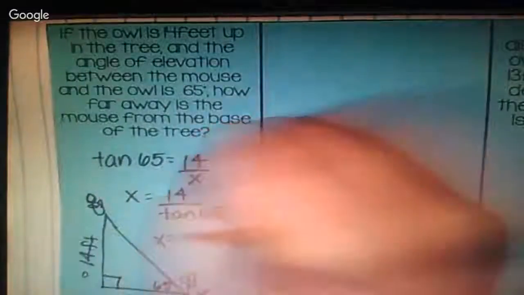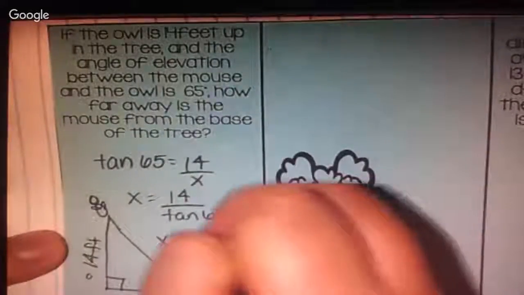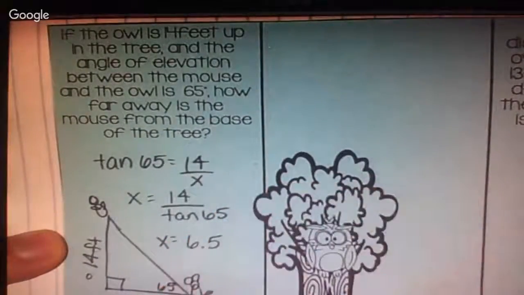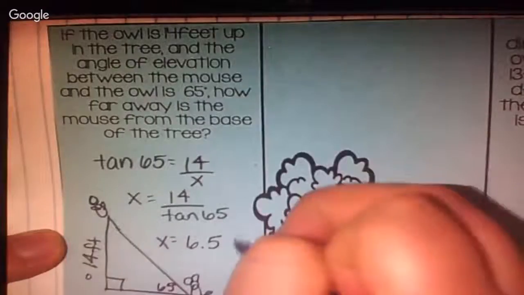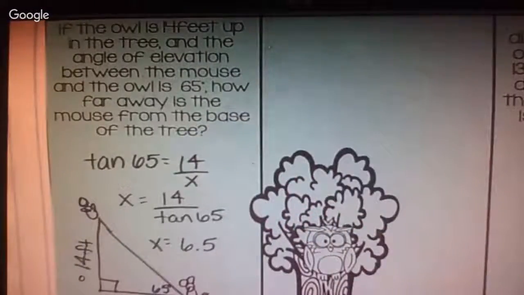And we need to find x. Seven. 6.5. You wouldn't round it up? It all depends on what they want you to do. So if they say round to the nearest whole number, then yes, your answer would be 7.